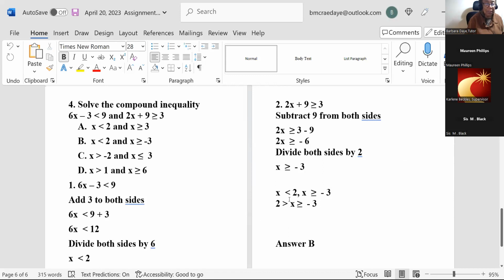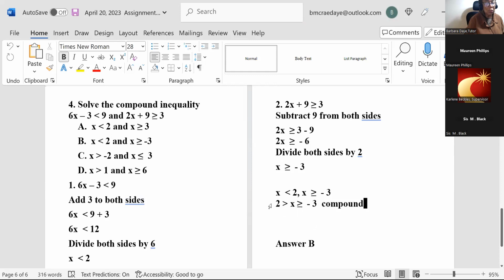So we'd have 2 greater than x, and then we just put the other second inequality answer, x greater than it. So this is the way it would look as a compound. The answer I gave you is just to find the inequalities for each one of these.